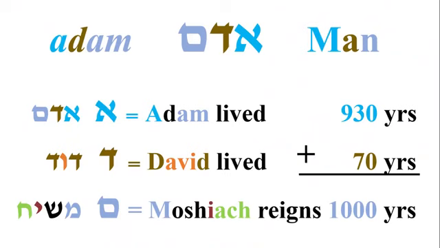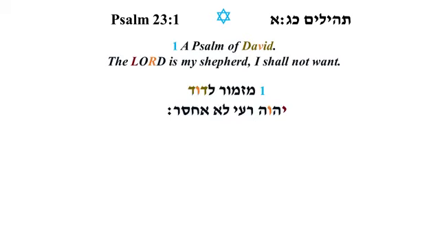Mashiach, when he comes back, he's going to rule and reign for 1,000 years when Jesus returns. And these are the three in the word Adam, man, Aleph, Dalet, Mem. Aleph is Adam, 930. Dalet is David, 70. And the son of David is Mashiach, 1,000. 930 plus 70 equals 1,000. Very, very clever.